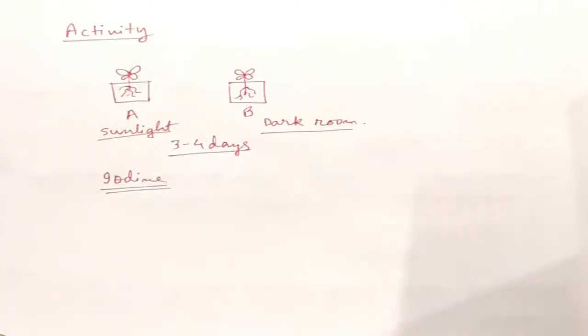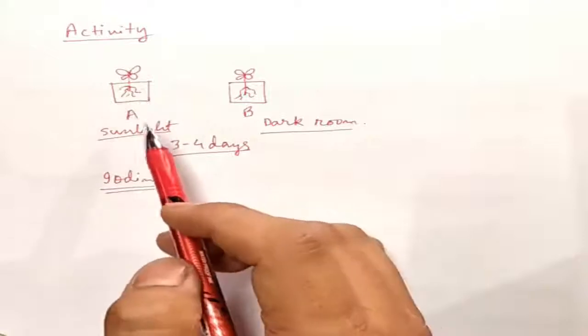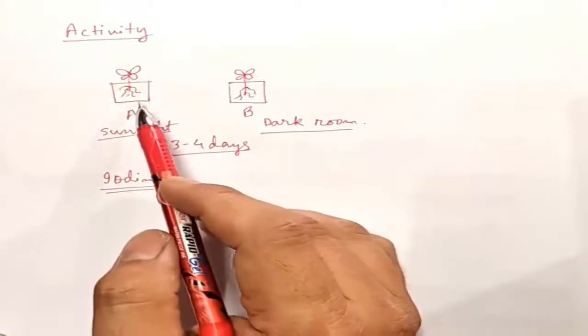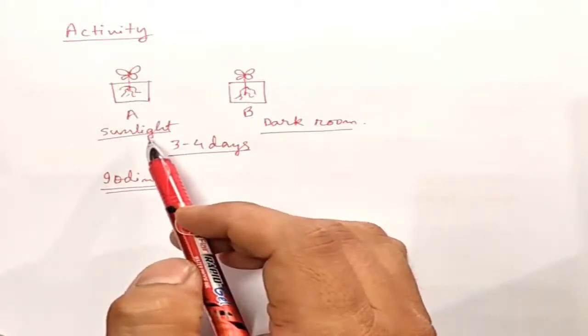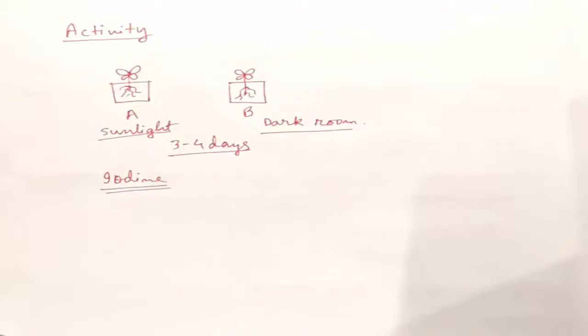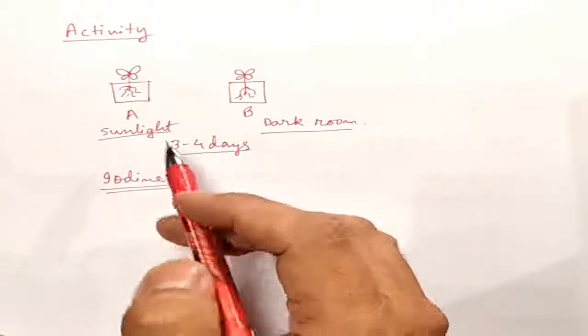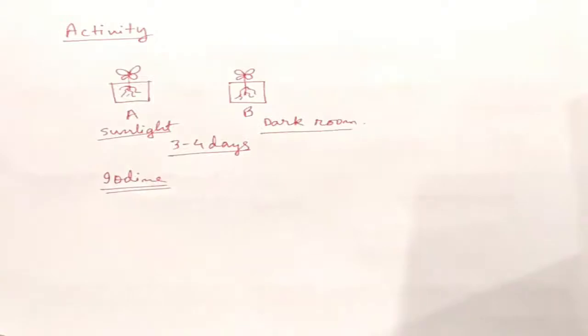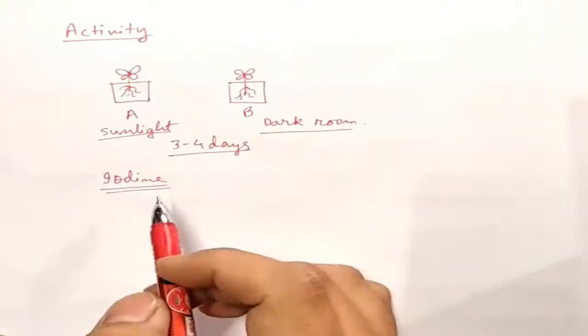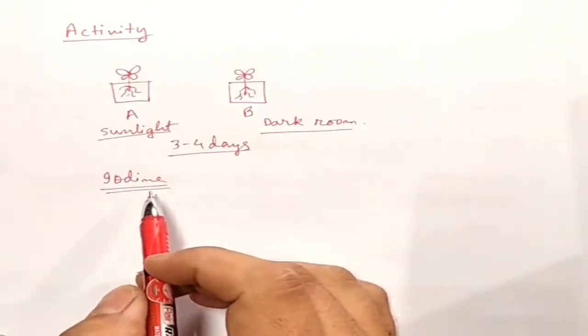This leaf will have starch because this potted plant A is in the sunlight. If it is in the sunlight, then we can say that this plant performs photosynthesis, since the iodine color changes to blue-black.